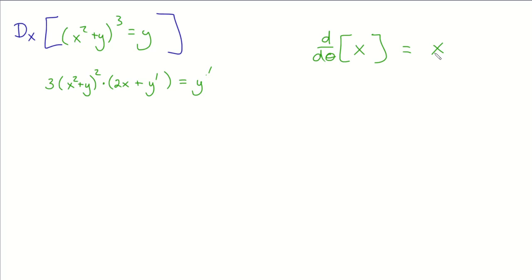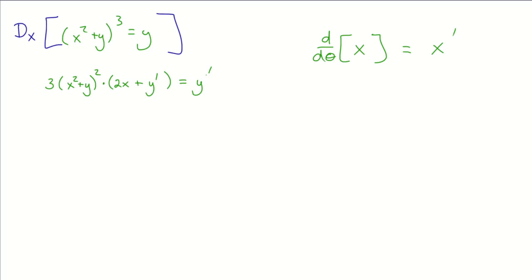It's x prime. Now, you can't say it's 1 because the variable that you're trying to use the power rule with has to be theta. If there's no theta in here, we don't know what it is. We assume that we can probably solve x in terms of theta. But if we don't know, if these don't match, we can't do it the regular way. And that's why I'm stressing when we're doing d dx or dy dx, I don't know the derivative of this with respect to x because there's no x in it. But I know it exists, and we'll just call it y prime because that's what the derivative is.